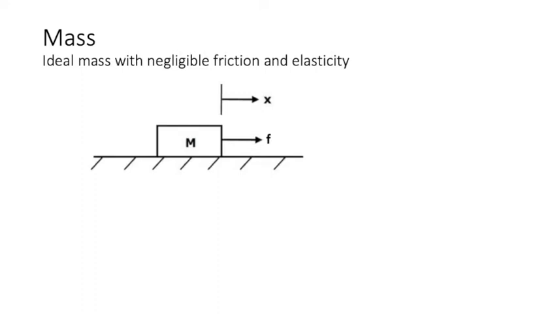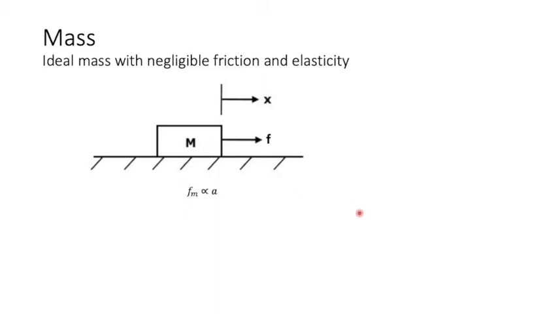So, let us look at mass. Mass is modeled as shown in the figure. Here, F is the applied force acting on the body, and x is the corresponding displacement acting in the direction of the force. Here we assume that the mass is an ideal mass having negligible friction and negligible elasticity.